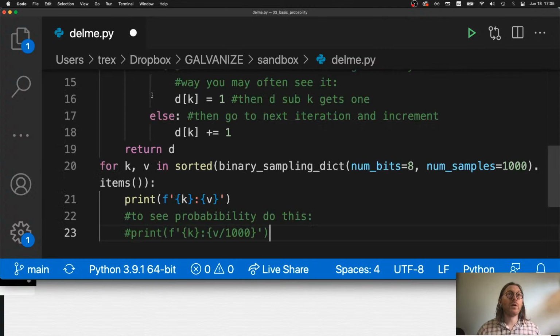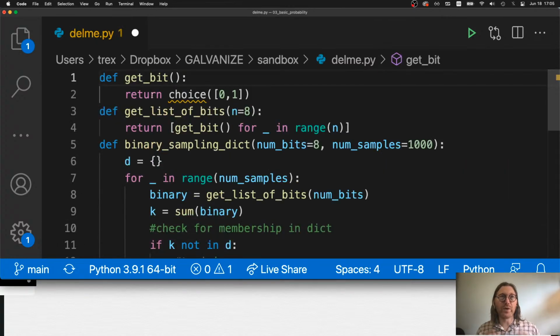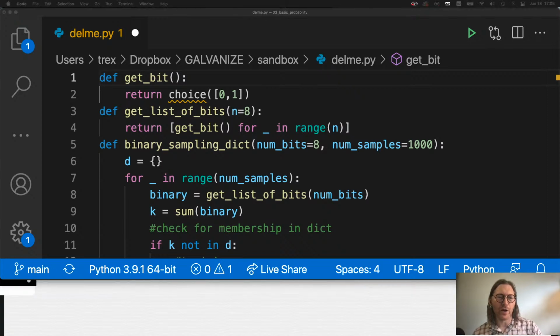This was the problem where we build a list of bits and build this binary sampling dictionary. At the end of it, we're essentially defining a binomial process, and what we get out of that is a representation of a binomial distribution with a probability of 0.5 and a number of trials of 8.